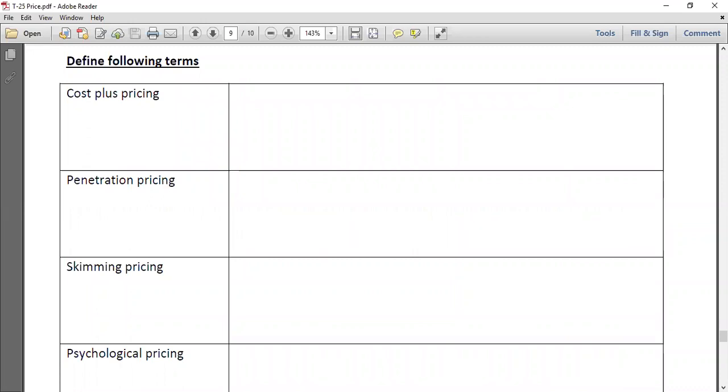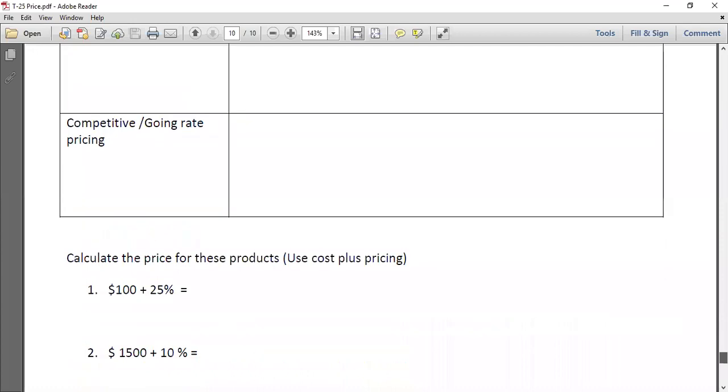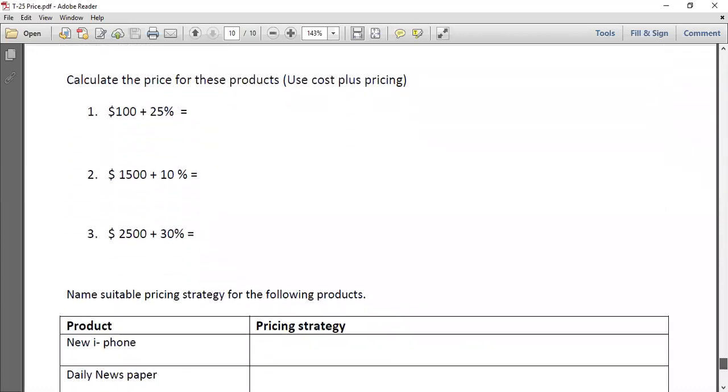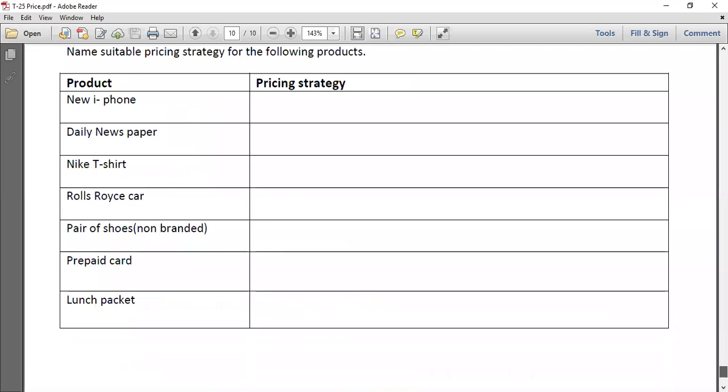2-mark calculation questions can come from pricing techniques, like we discussed before. Then there are questions asking you to name a suitable strategy. For a new iPhone, I think skimming pricing will be good. For daily newspapers, competition pricing. For a T-shirt, I think promotional pricing will be good.